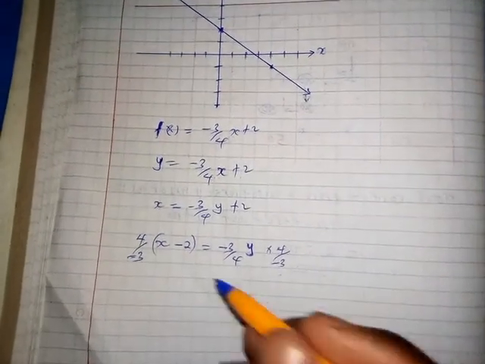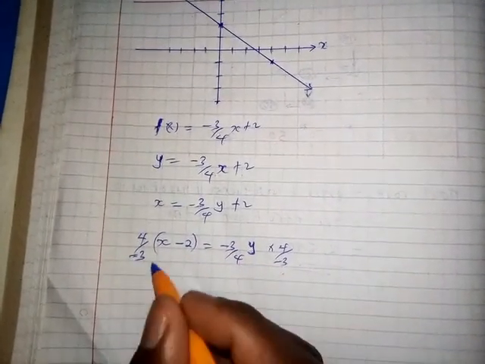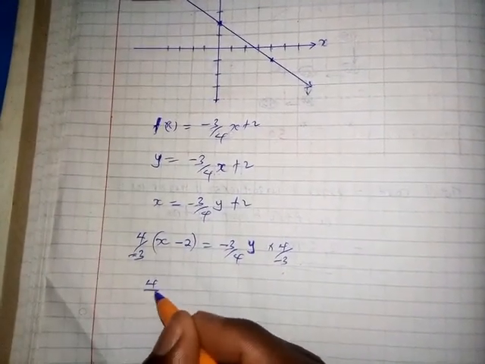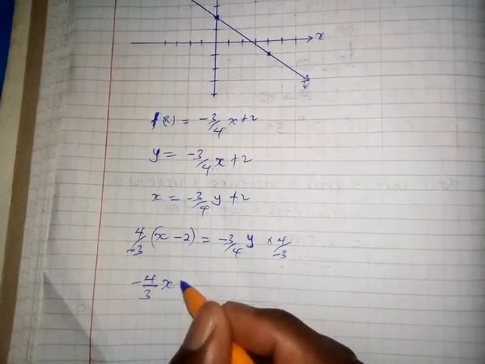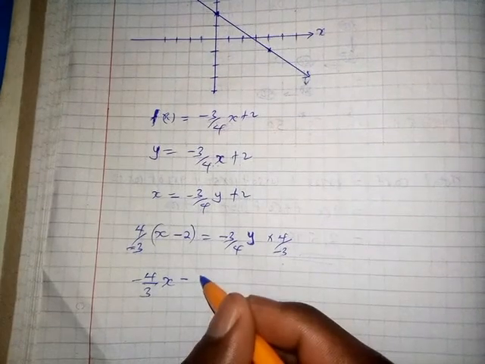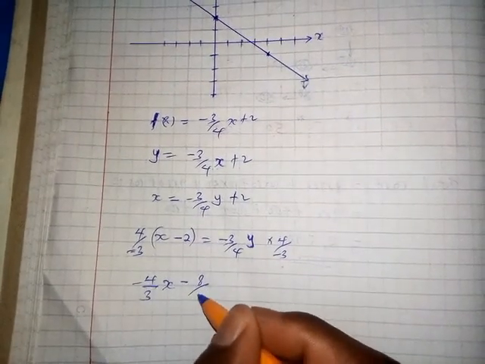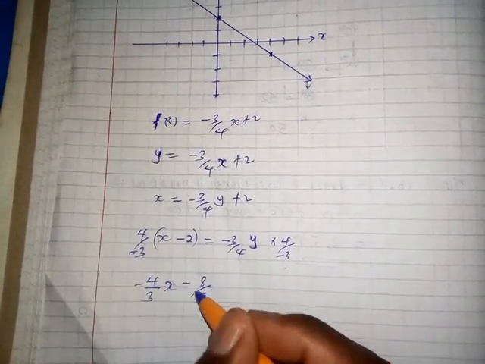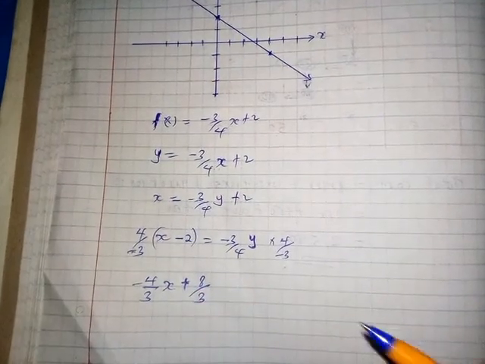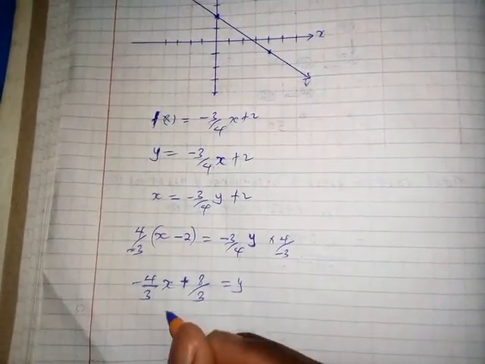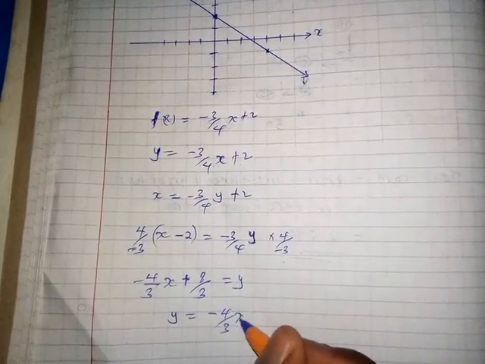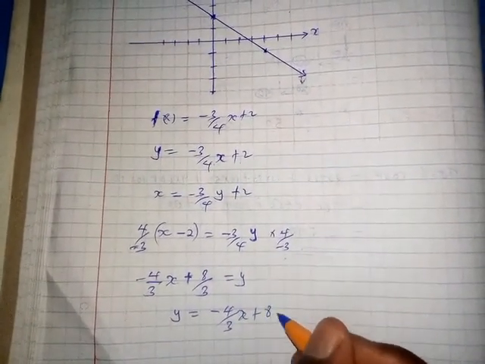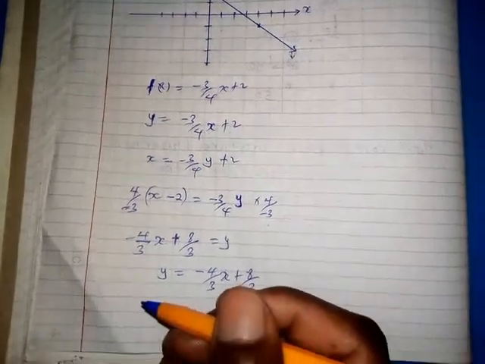So this becomes negative 4 over 3 x minus 8 over 3, but remember here is a minus, so it becomes positive. So y is equal to negative 4 over 3 x plus 8 over 3.